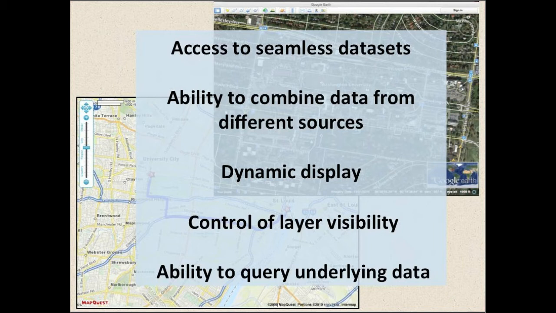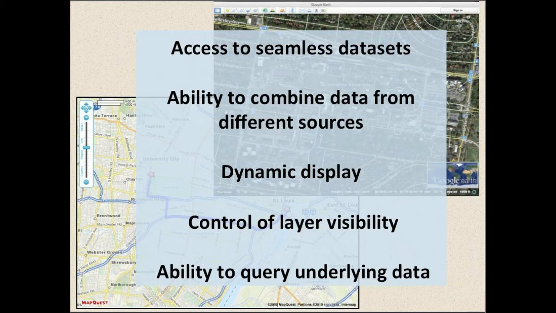The ability to combine data from different sources. We can display vector and raster data sets together, and because each of the layers has its own spatial reference system, they align properly. Dynamic display. This means that the level of detail shown on the screen can be dependent upon the spatial extent, or the area shown in the window, and that's controlled by the user.